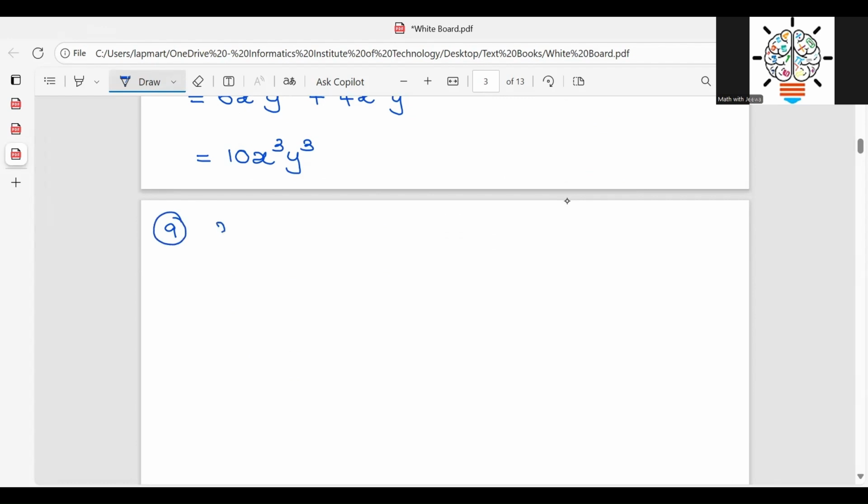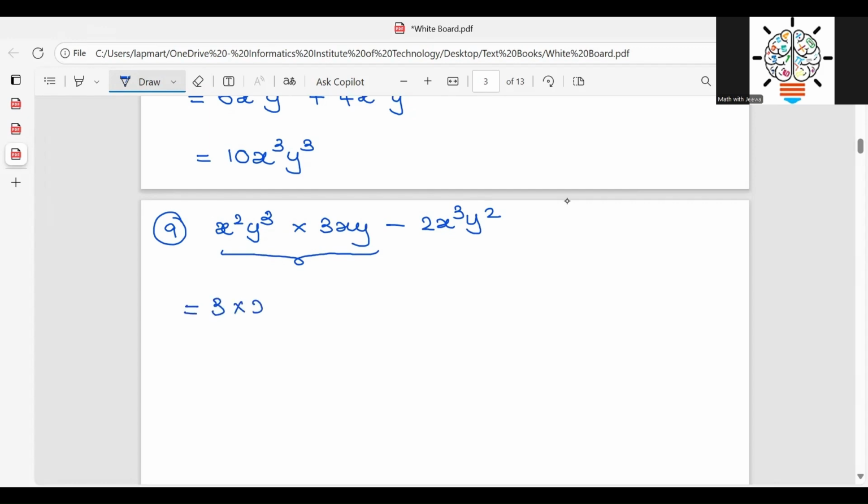Be mindful, x squared, y cube. Right? Then multiplication 3xy, subtract 2x cube y squared. Now first we want to do this multiplication.